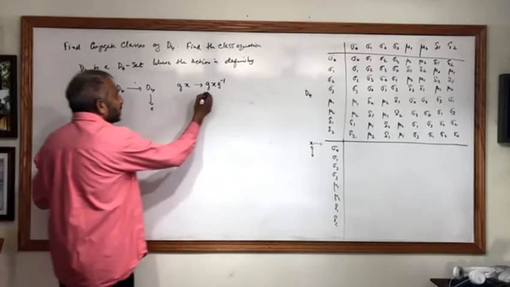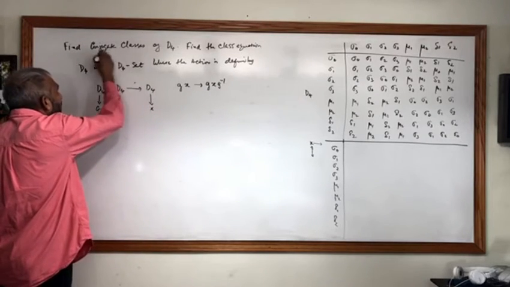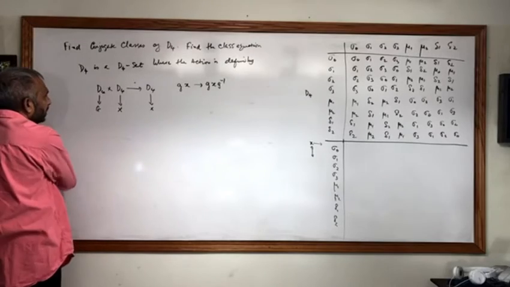This is a conjugate, and that is how we are getting the conjugate classes. These classes are actually the orbits of D4.